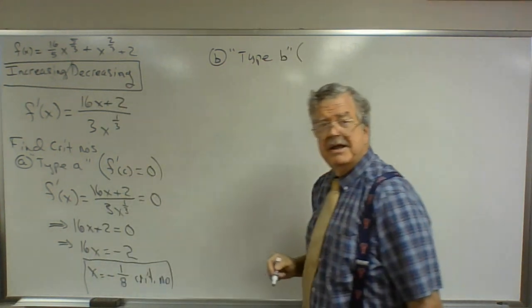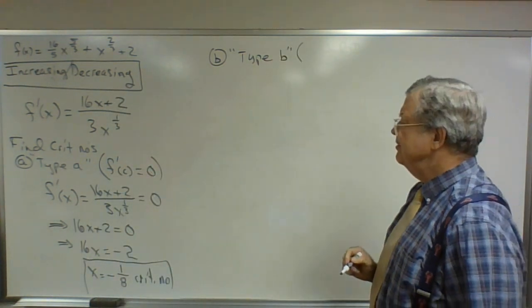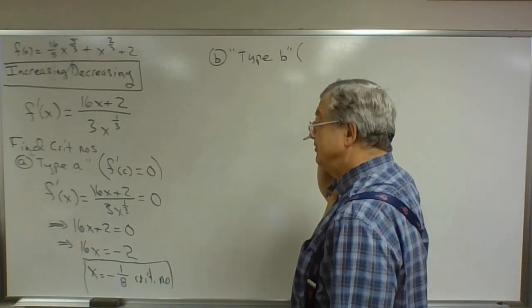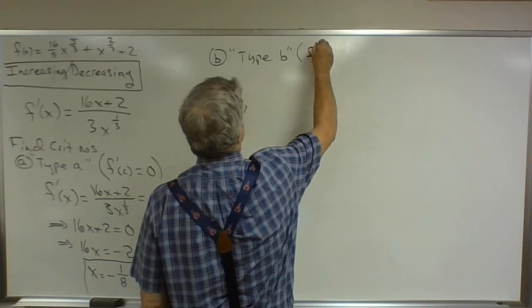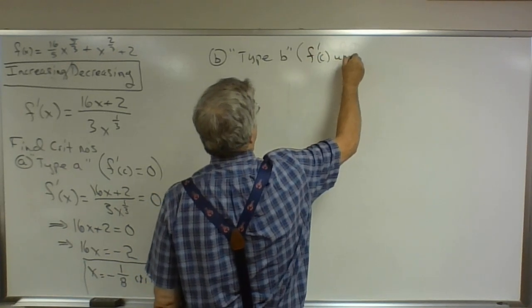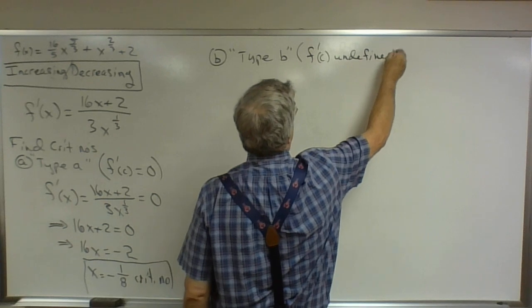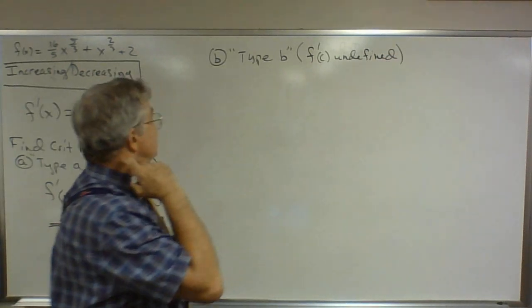And the identifying characteristic of a type B critical number is essentially that it causes division by 0. Or more generally, the derivative is undefined.